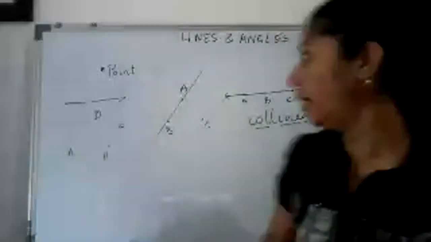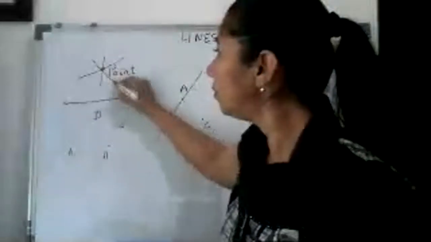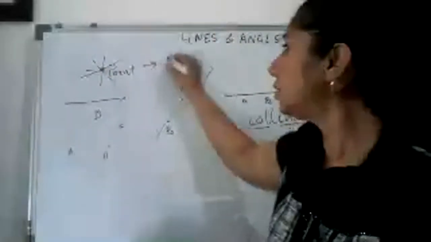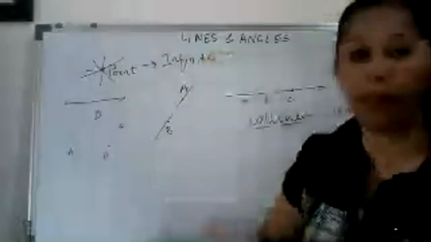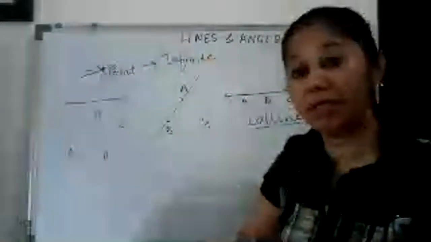When I talk about a point, how many lines could you draw through it? What will you say? Yes, infinite lines could be drawn through a point. But could you draw infinite lines through 2 points, using both the points?